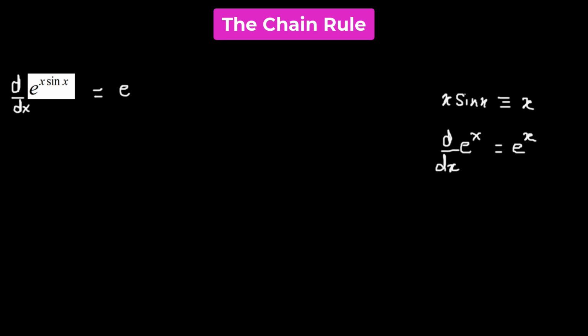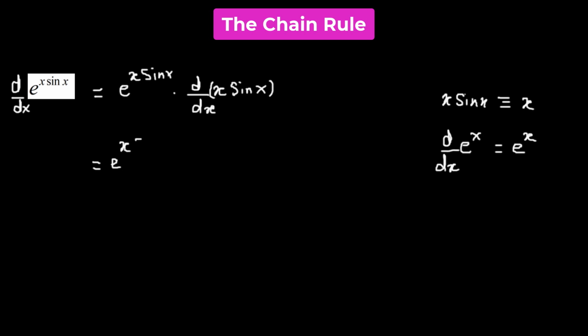So that means we would get e raised to the power of x sine x. But we have to multiply it by the derivative of our assumption, which is x sine x. Now x sine x being the product of two functions, we're going to use the product rule.